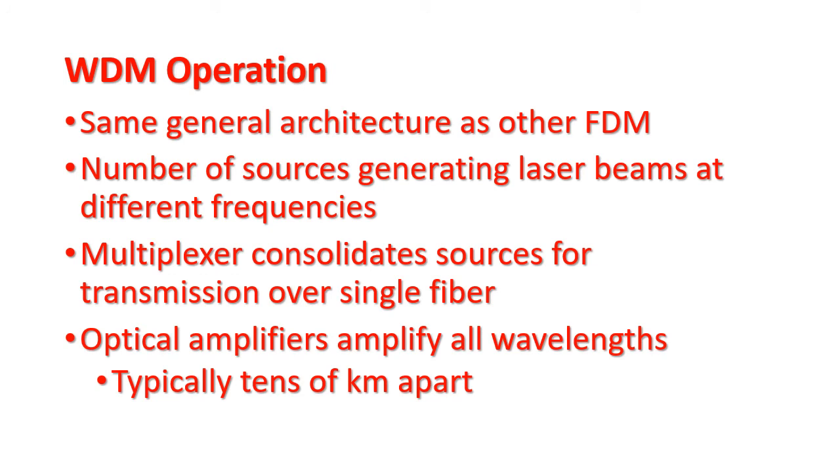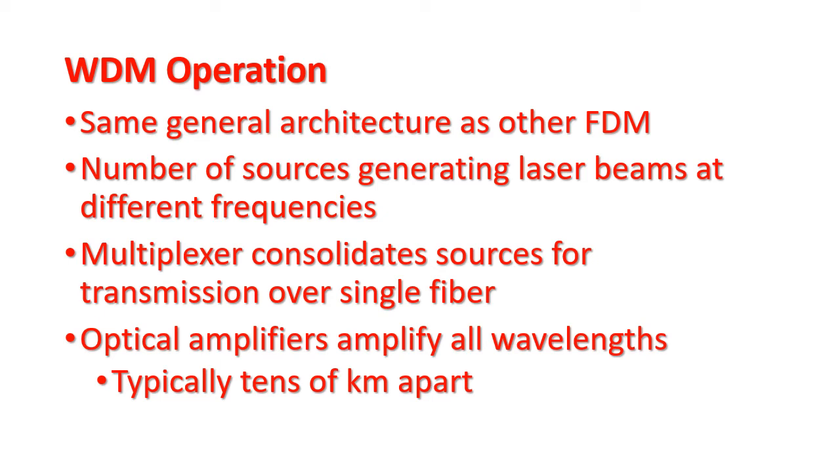WDM operation. It operates in the same general architecture as other FDM. A number of sources generate laser beams at different frequencies. The multiplexer consolidates sources for transmission over a single fiber. Optical amplifiers amplify all wavelengths. These are typically tens of kilometers apart.